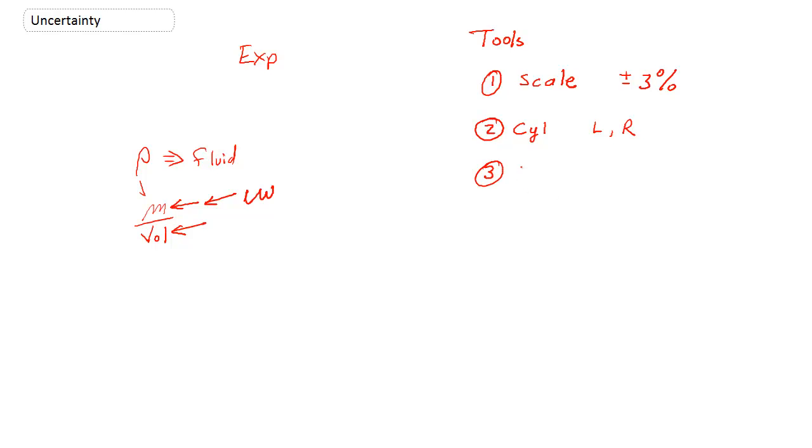I need a ruler. Let's say the ruler has 5 inches and then 6 inches, but the measurement marks are quite thick. When you're measuring something and say this is 5, well, is it 5 right in the middle or right over here? So let's say it has a plus or minus 3% error on it as well.